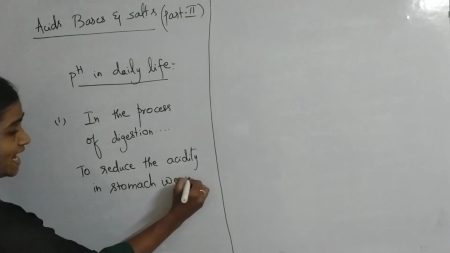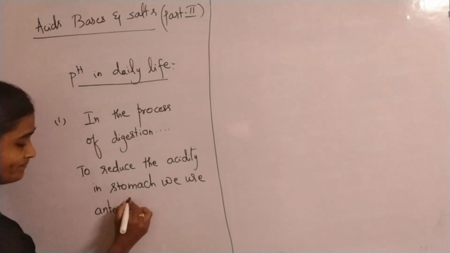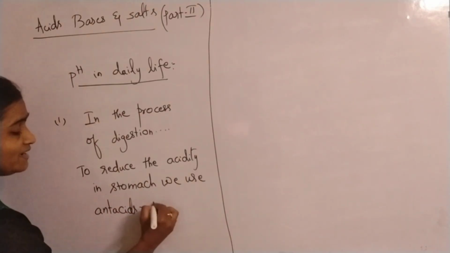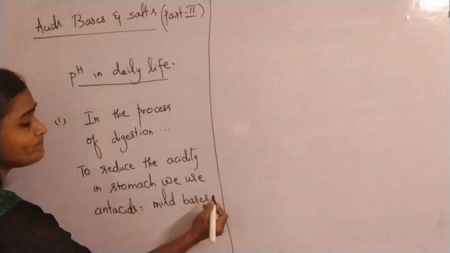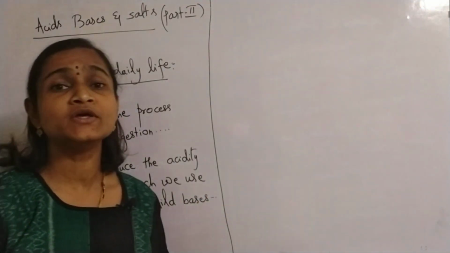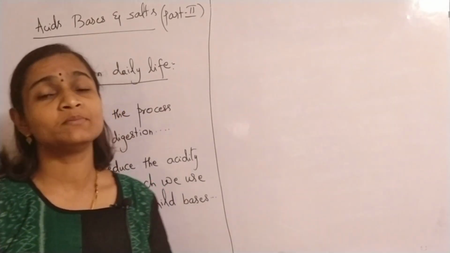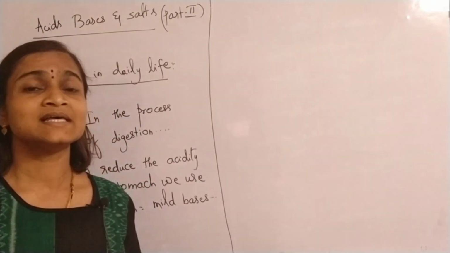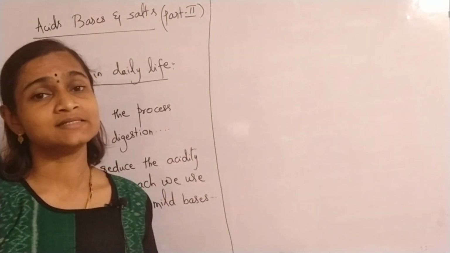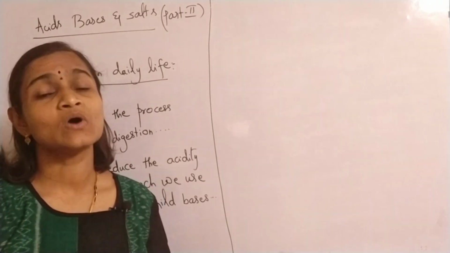What are antacids? Anti-acids, actually. Antacids are mild bases. In order to neutralize the acidic substance produced in our stomach, we use sodium bicarbonate or milk of magnesia. We use mild bases acting as antacids, which reduce the acidity caused in our stomach.